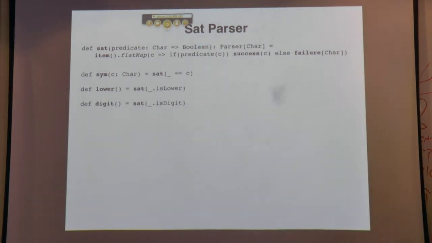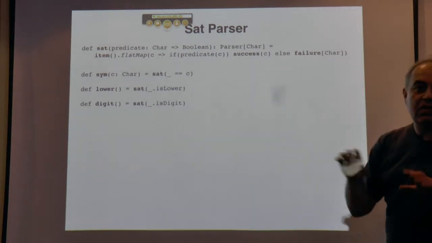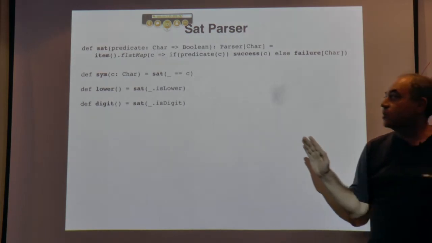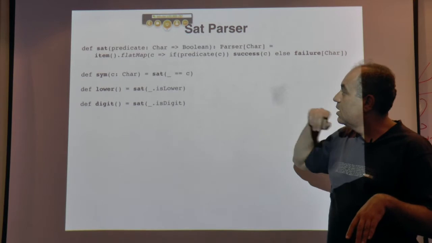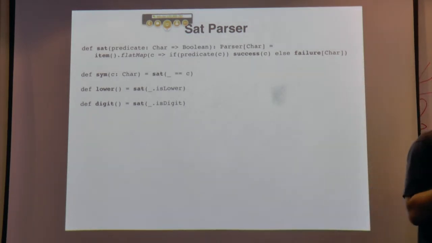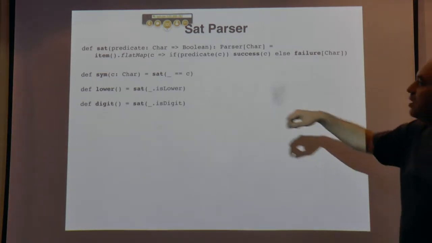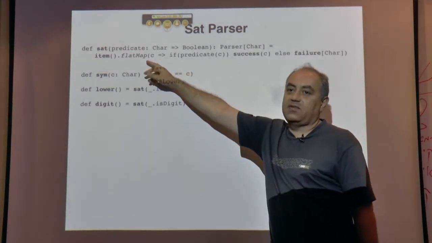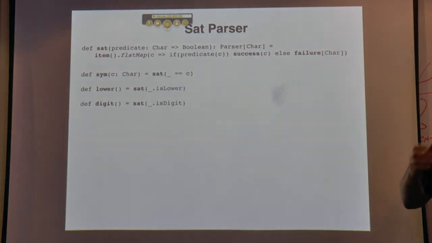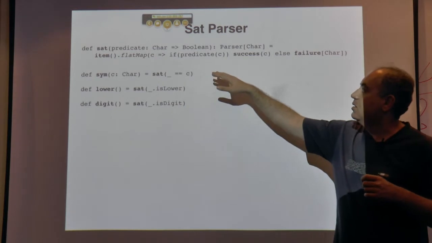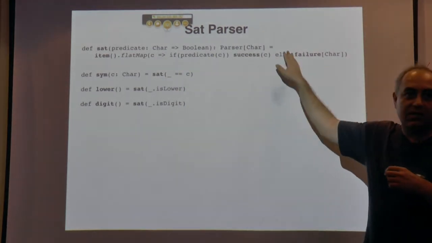Great. Very simple. By the way, it's an easy part. Now you can build many different parsers just with this set. And again, I want you to notice that we use this flat map again to combine, to compose basic fundamental parsers.